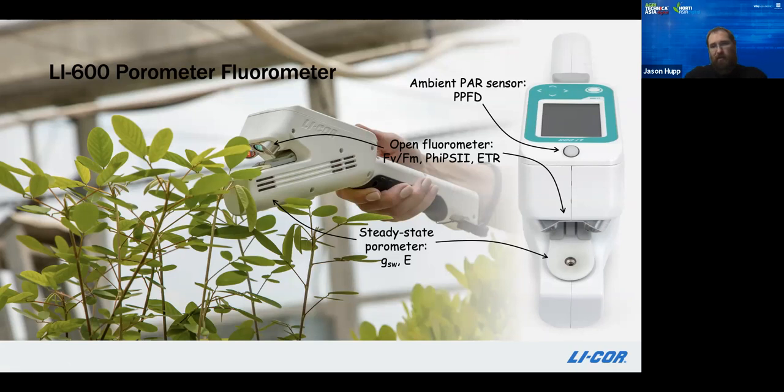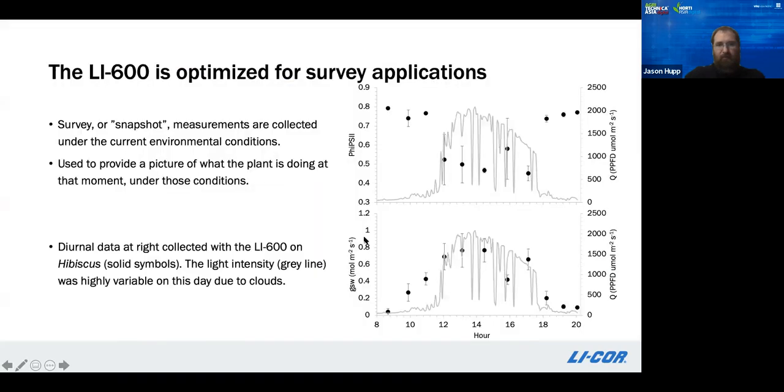This point about it being an open fluorometer, an instrument that makes measurements under ambient conditions, is a really important feature of this. So the 600 is an instrument that's really optimized for what we would call a survey application. A survey measurement is a snapshot measurement collected under the current environmental conditions the leaf is seeing.